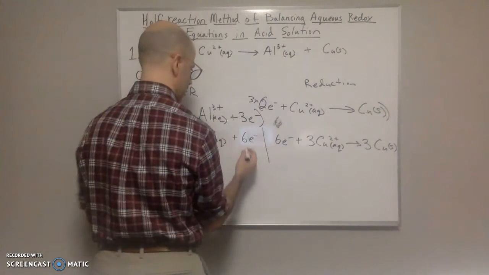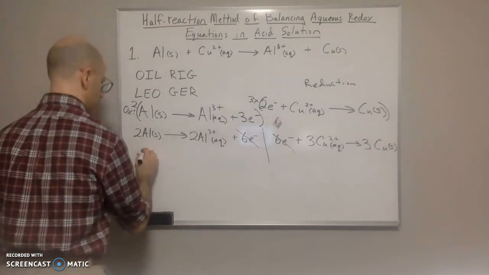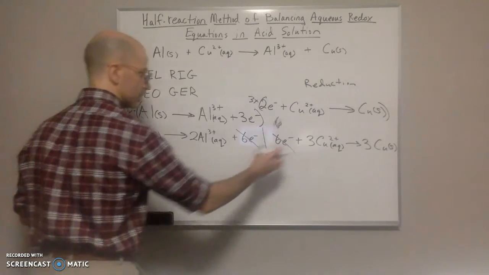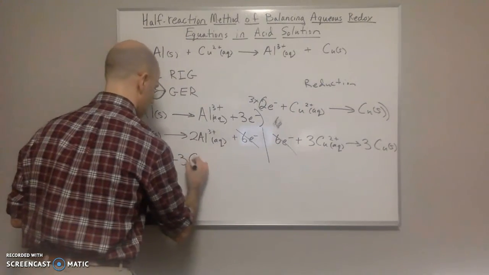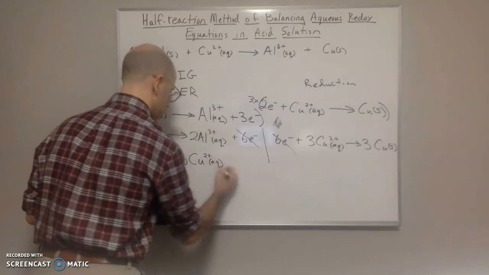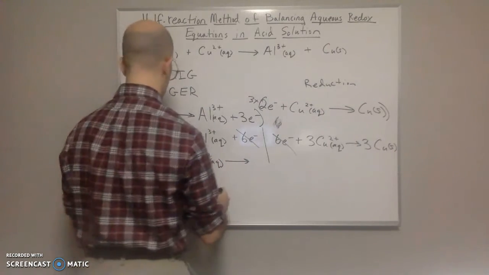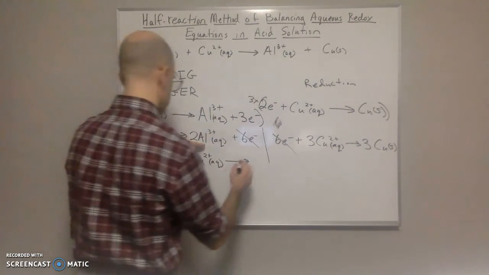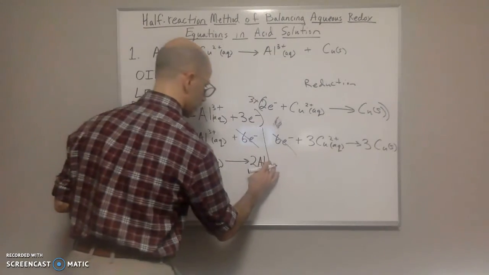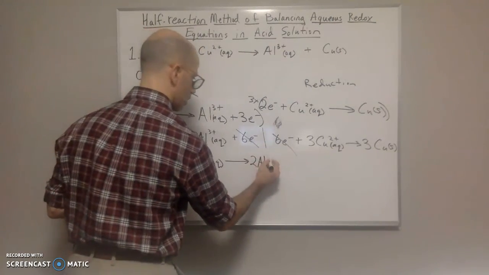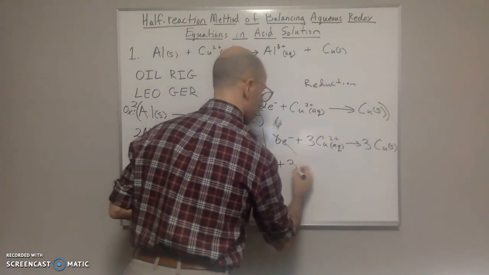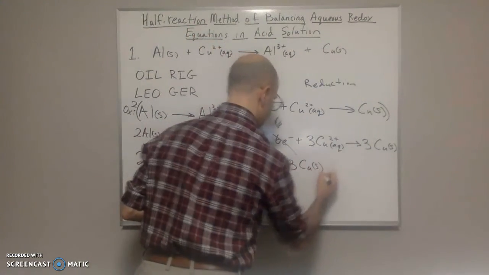So when I put these together, these are going to cancel out, and so I get 2 aluminum solid plus 3 copper 2+ aqueous, and that's going to go to, and now the products, 2 aluminum 3+ aqueous, plus 3 copper solid.